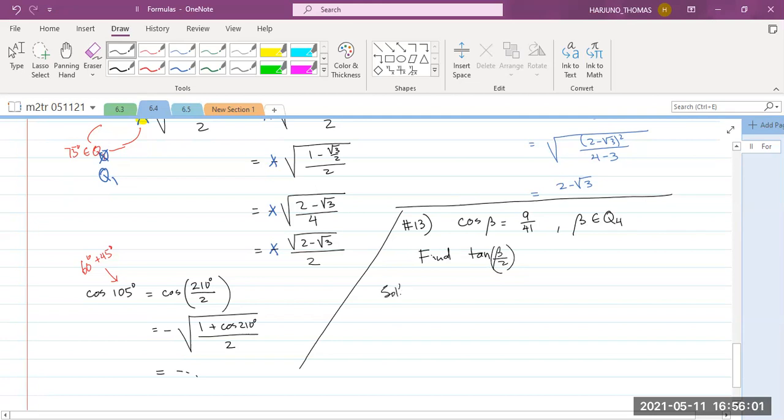Solution. We need to first find which quadrant beta over 2 is in. Beta is in quadrant 4, which implies beta is between 270 degrees and 360 degrees. Now for beta over 2, we divide that by 2.